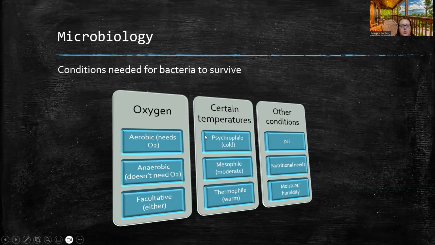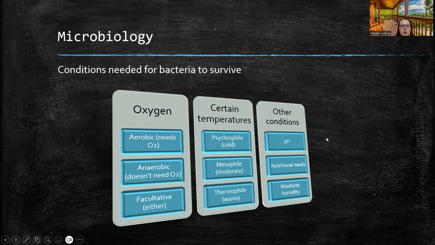For temperatures, psychrophile. This suffix, phile, means loving or needing, essentially. Psychrophiles like cold temperatures. Mesophiles are moderate. And then thermophiles like warmer temperatures.